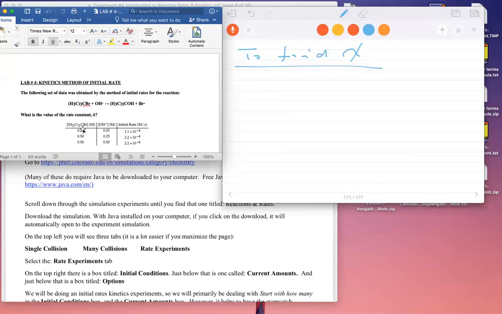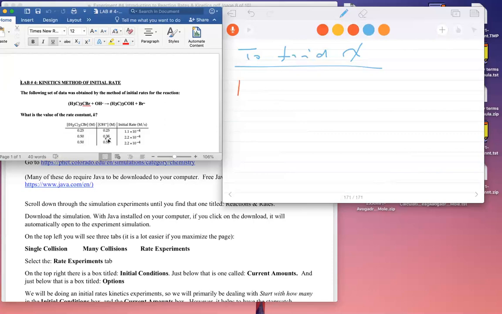In this case, I'll say experiment 2 and experiment 1, where the concentration of A is changing, but the concentration of B is constant.